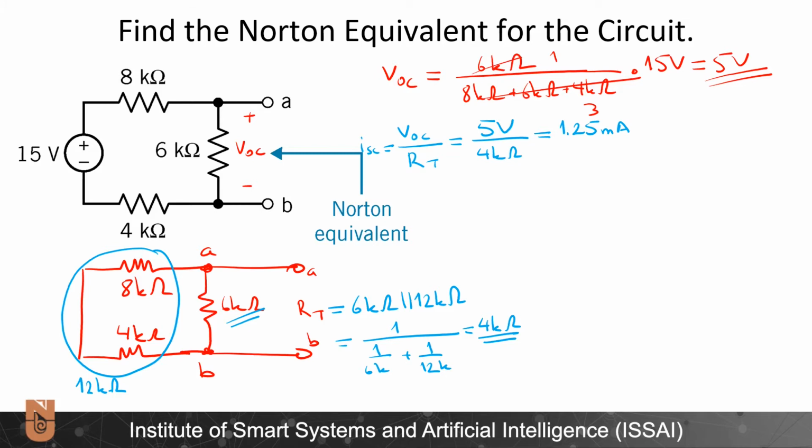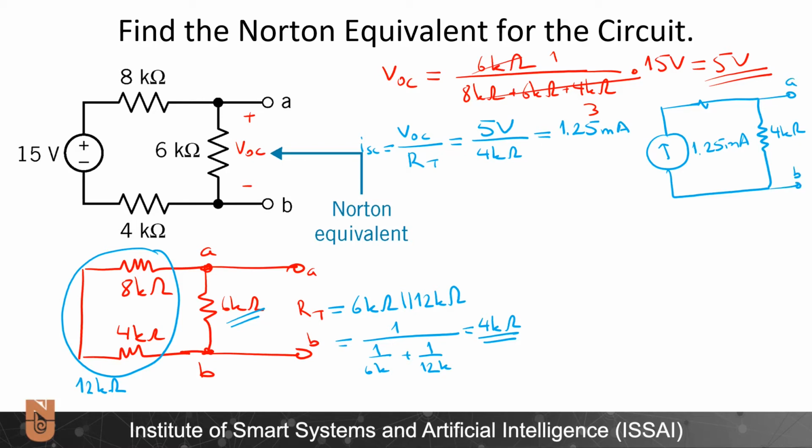So according to this, the Norton equivalent circuit will be 1.25 milliamperes here with a parallel, not series, resistor of 4 kilo ohms value. And here I have the output ports A and B.